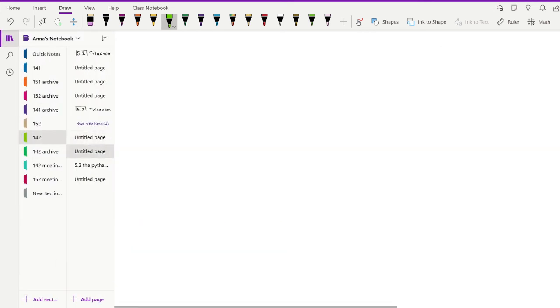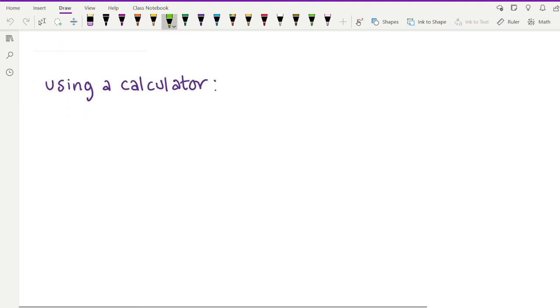Okay, so I want to get a little bit more into this idea of actually using a calculator.